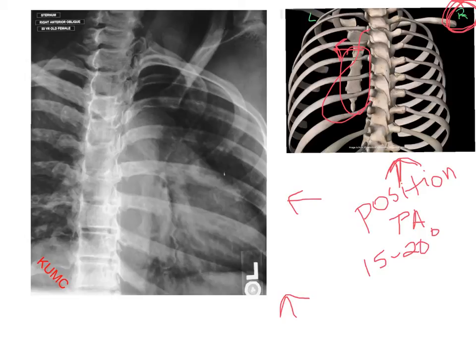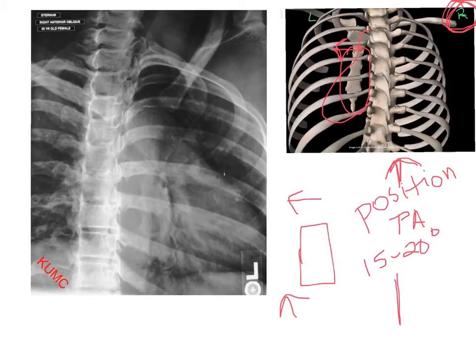But in the classroom, such as this instance, if we're looking at this image, we automatically know it's an RAO sternum because we've collimated down to size and we're assuming this is a 10 by 12 cassette. If you get into the classroom and you see a 10 by 12 cassette, that is going to be an RAO.